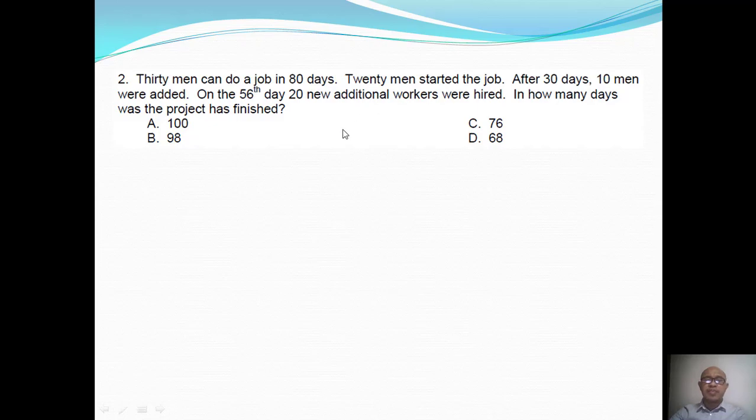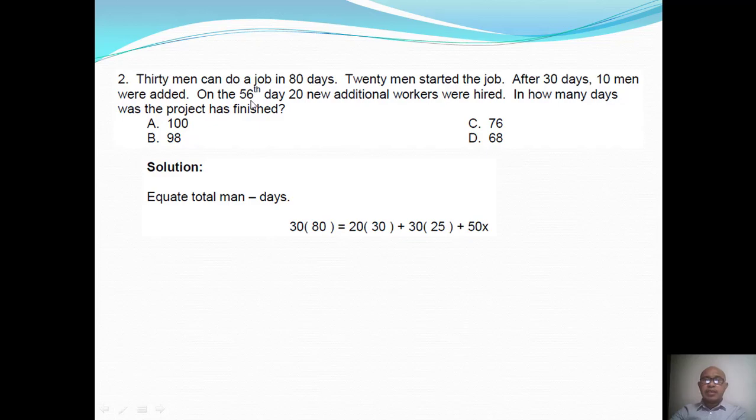So we have this equation now. The 30 times 80 is the total man-days for this job. And this is done by first 20 men working for 30 days. Then after 30 days, 10 men were added, so we have now 30 men working, and this is up to the 55th day.